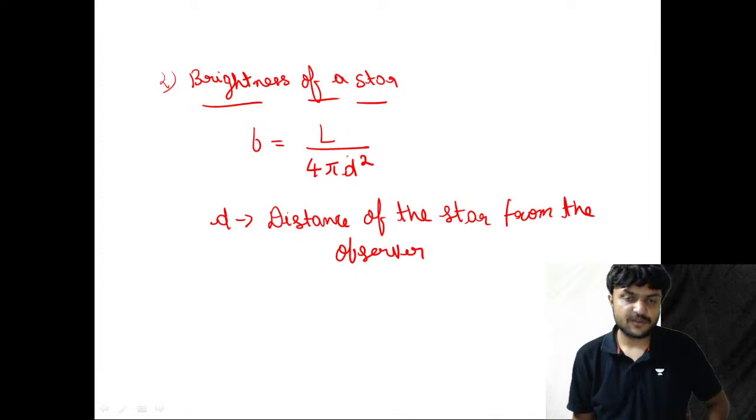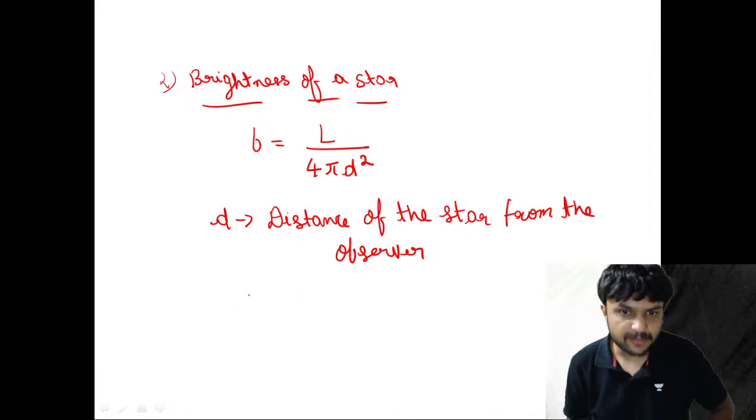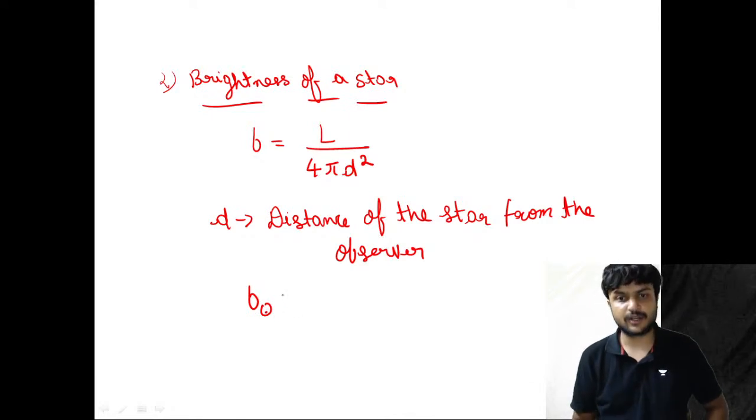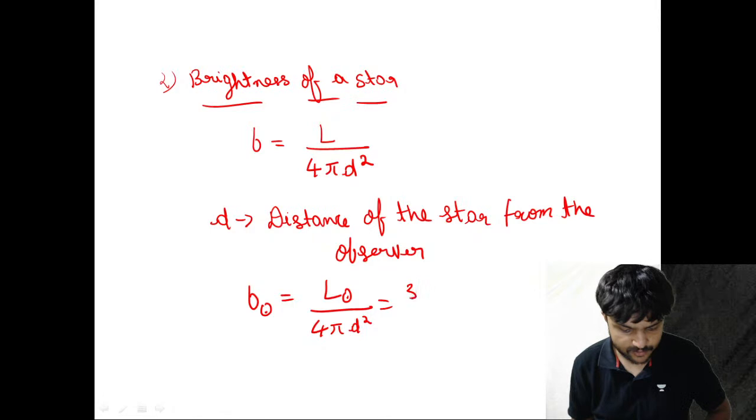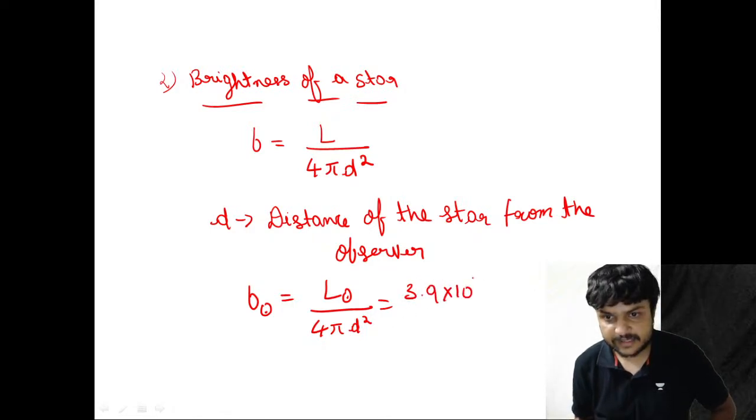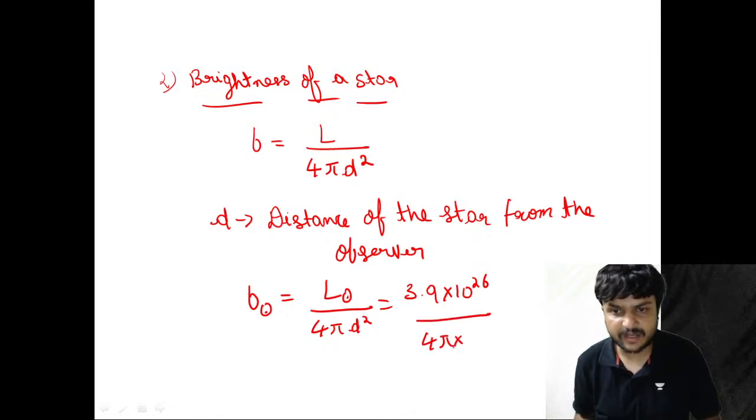Okay, so if you want to just get the feel of numbers, in order to find the brightness of the sun, I told you to put a circle and put a dot for the sun. So luminosity of the sun divided by 4 pi d squared. Okay, we know what is the luminosity of the star. I just gave you those numbers, which is 3.9 into 10 power 26 divided by 4 pi. What is the distance between Earth and Sun?